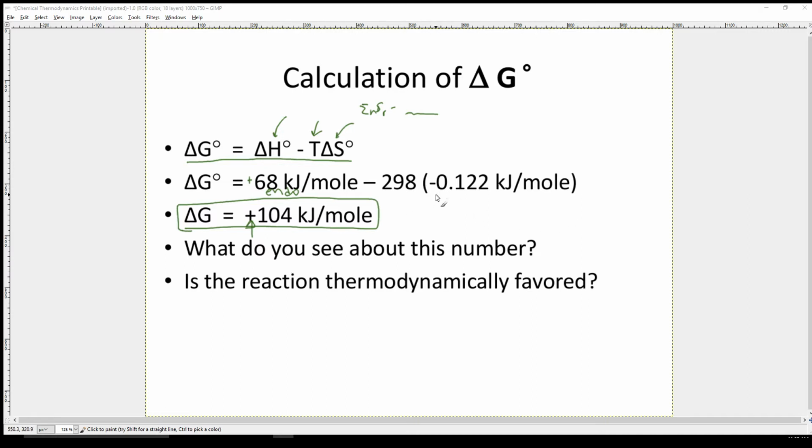And our entropy is negative, so this became more ordered. It lost entropy. And when you mixed those two things together, you ended up with a positive delta G. Is it thermodynamically favored? Heck no, it's not, because it's positive.